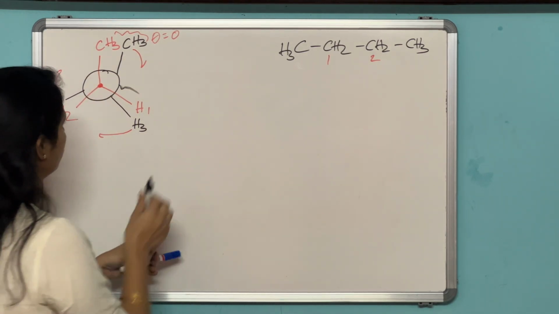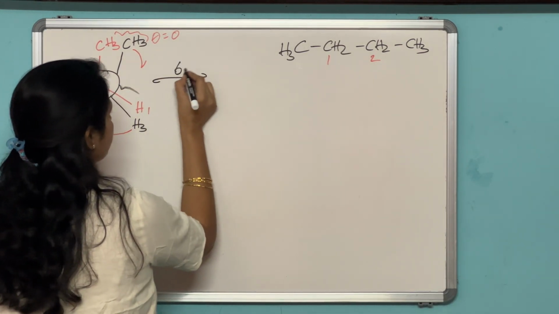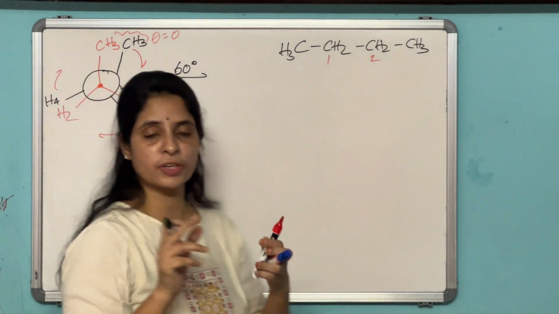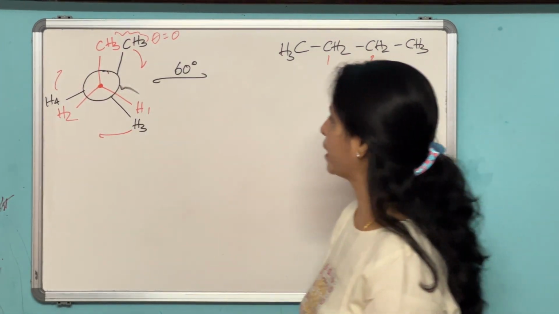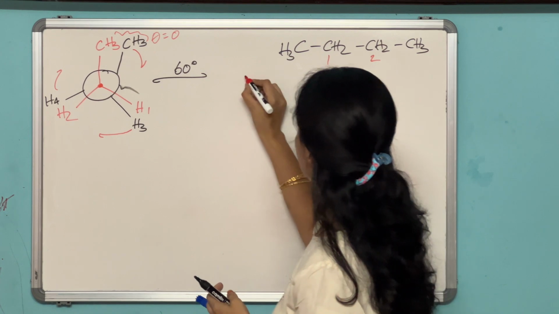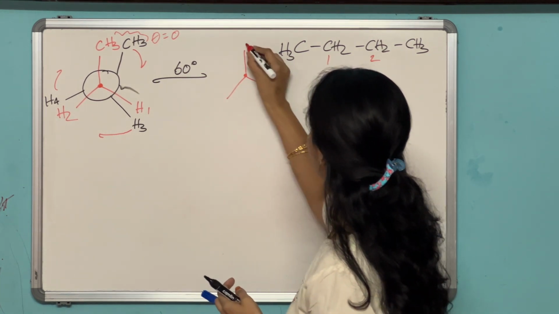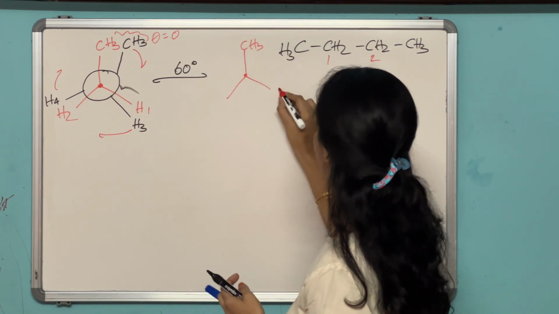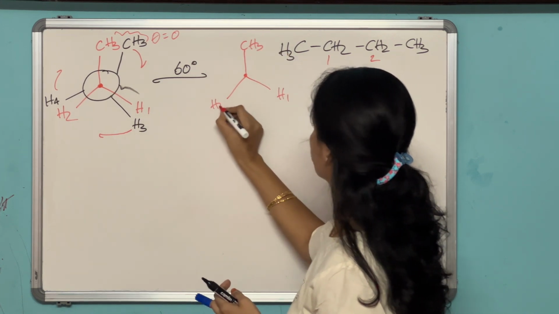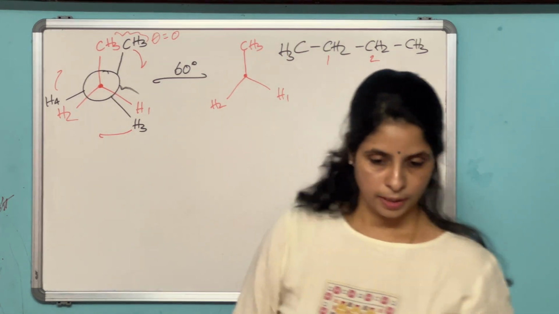So we rotate the second carbon atom by 60 degrees. Here this is your first carbon atom, which is CH3, H1, H2. Now I'll clear this one.